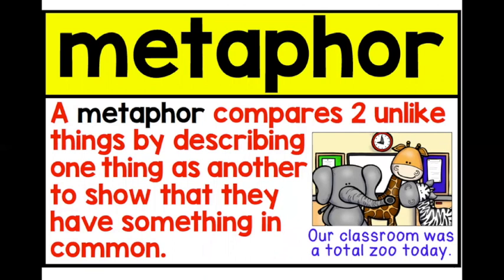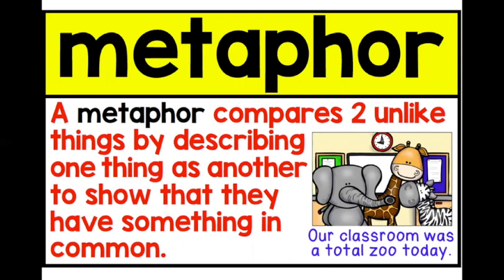So we're comparing our classroom to a zoo. Of course, it is not literally a zoo filled with animals. We have a deeper meaning. Our classroom was a total zoo today. We're trying to get across the point that our classroom was crazy. There was probably a lot going on. Things were untamed. But we're giving this direct comparison saying our classroom was a zoo.